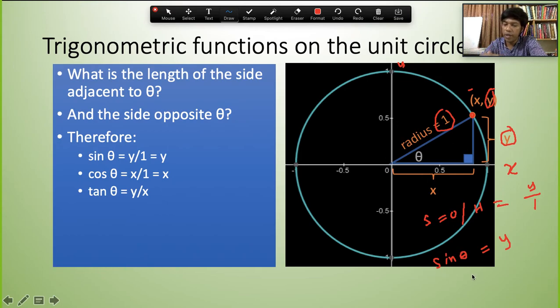Same way we can develop it for cos theta. Cos theta equals CAH, adjacent by hypotenuse. So adjacent is x. That means x divided by 1 equals x. So that means this x value is our cos theta.